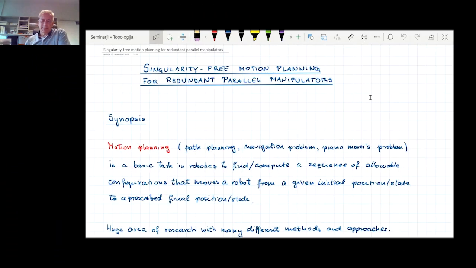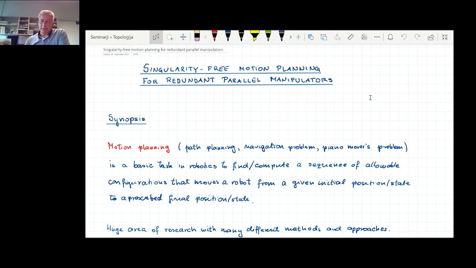Essentially, you have some machines, usually some robotic device or something similar, and it requires a planning to find a path between two configurations, which avoids obstacles, which stays within some boundaries, and I mean this kind of problem.